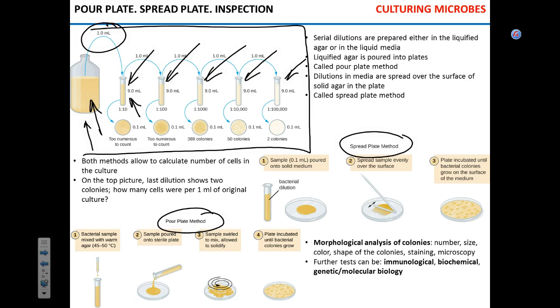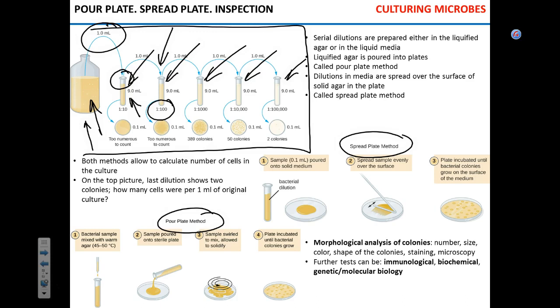You collect 1 milliliter from the first tube, move it to a second tube. So you dilute your 10 times diluted sample 10 more times. Now for the second one, the dilution factor is 1 to 100, or 100x.